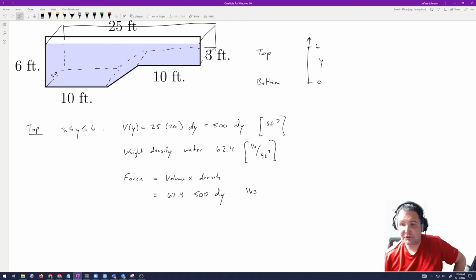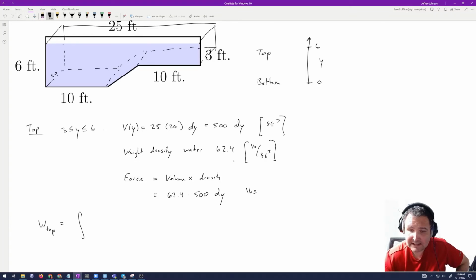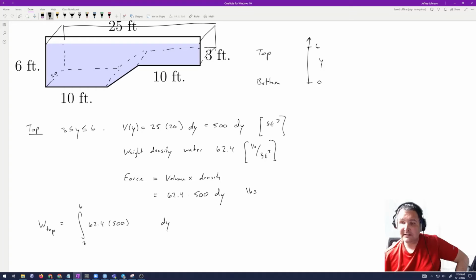So now we just want to be able to integrate the force with respect to the distance. So the work that's done on the top is going to be the integral, and we're going from 3 feet in the pool to 6 feet in the pool of our force. Okay, but we don't have the distance yet.